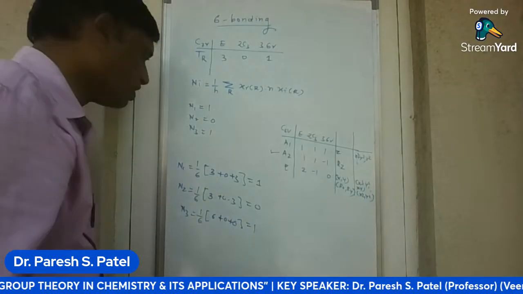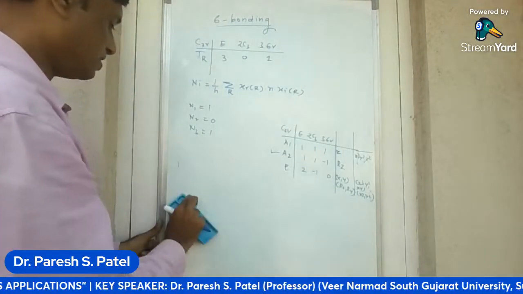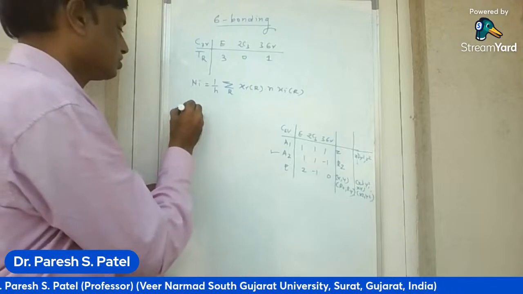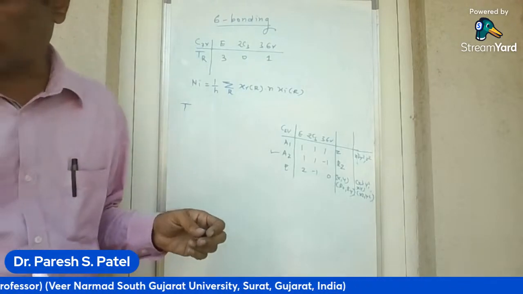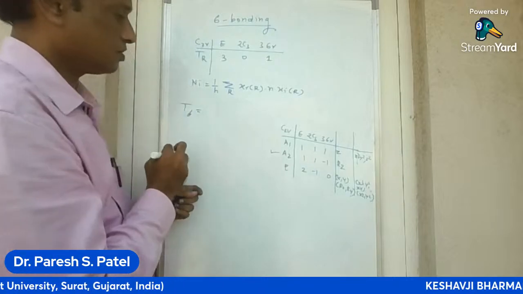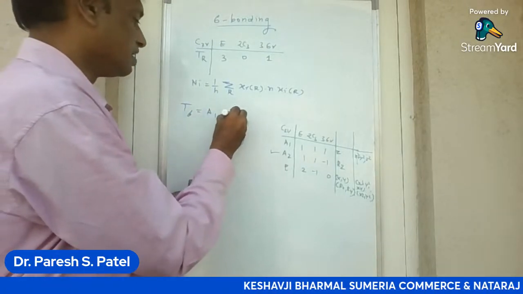So n1 is equal to 1, n2 is equal to 0, n3 is equal to 1. It means the reducible representation τσ is equal to A1 plus E.